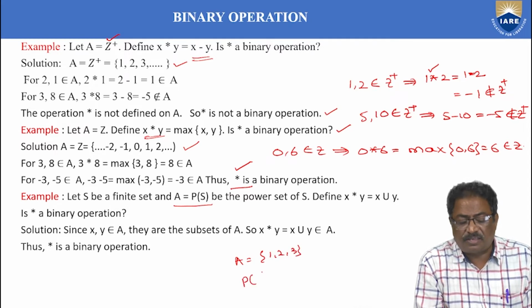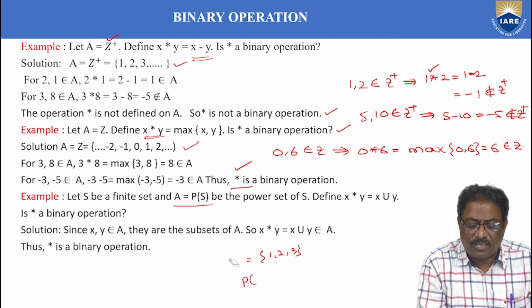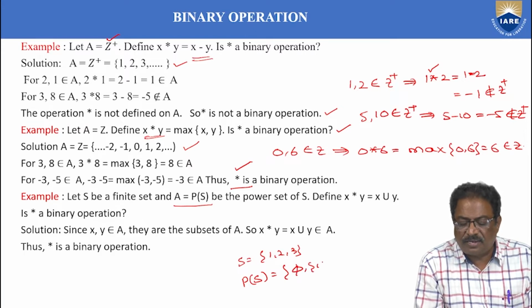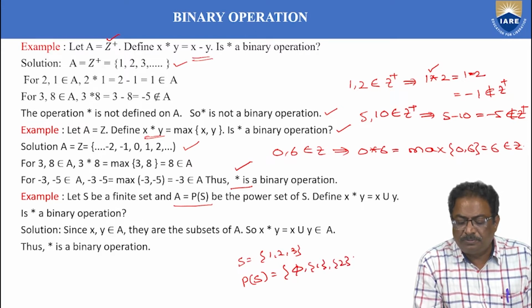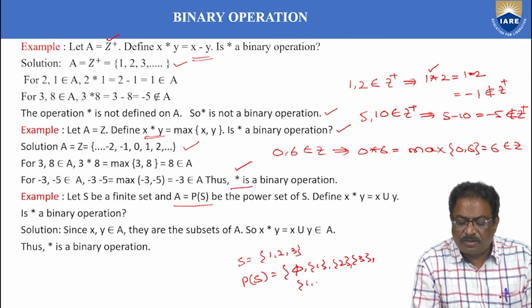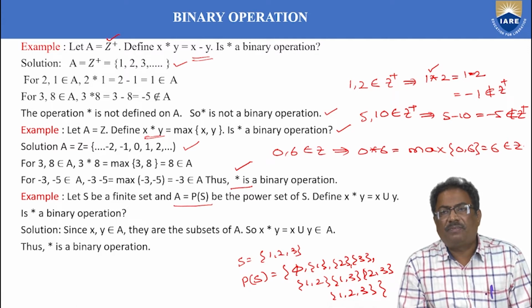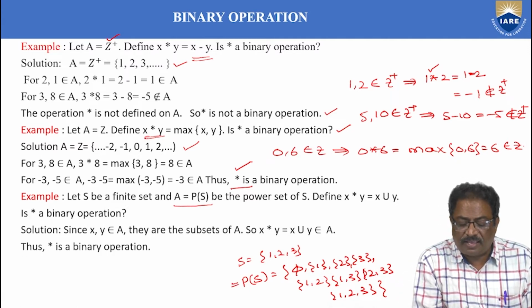Then P of S is equal to the null set, and the next is singleton 1, singleton 2, singleton 3, next 1, 2, next 1, 3, next 2, 3, and next the given set itself, 1, 2, 3. This is the P of S, which is given as A.